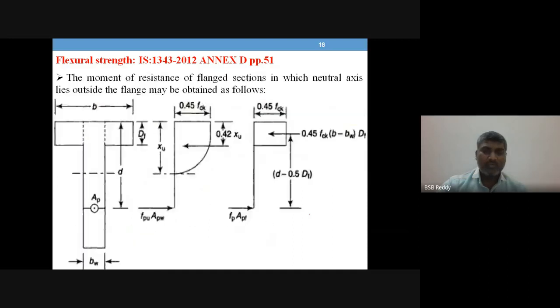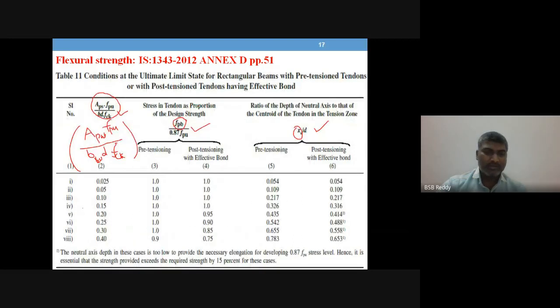That is coming to 0.4. So go to table 11 and take this value, 0.4, the last value. For a pre-tensioned member, as given in the question, FPB divided by 0.87 FPU is equal to 0.9 and XU by D is 0.783. So take those two values.